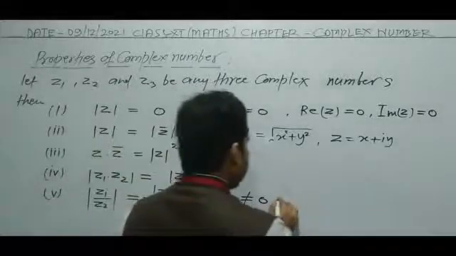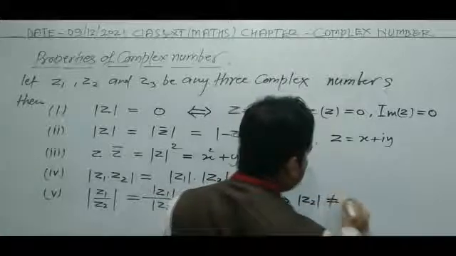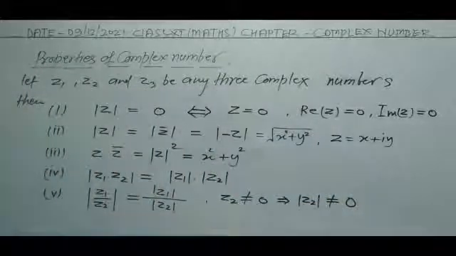This implies mod of z2 will not be equal to 0. Now this is the result.